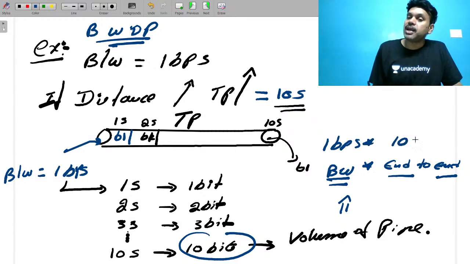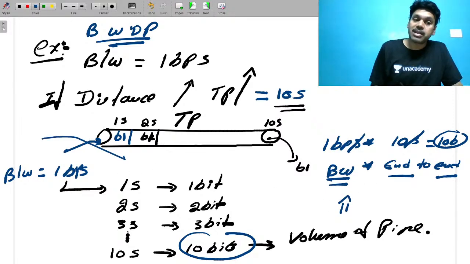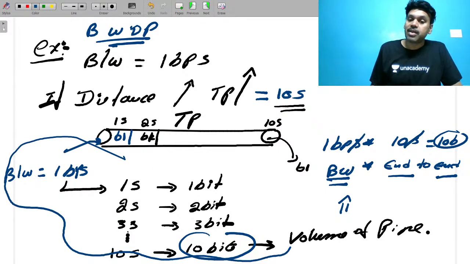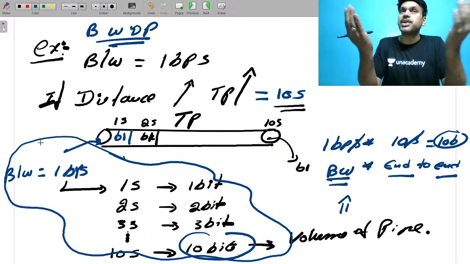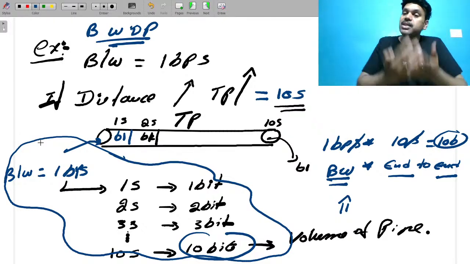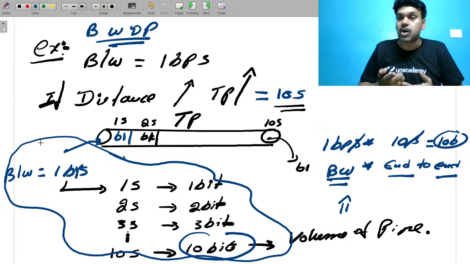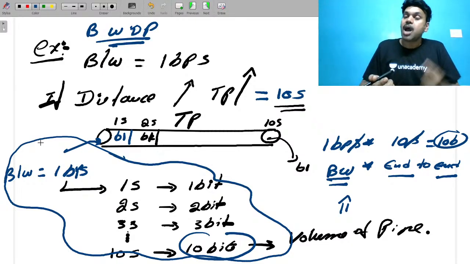Your end-to-end delay is 10 seconds. So seconds are cancelled. Your final value is 10 bits. So this is the real-time representation. Why did you get 10 bits in your particular medium? If you look at your cable like this, then you are going to see that 10 bits are inside, because it all depends upon how fast you are propagating your data onto the medium.